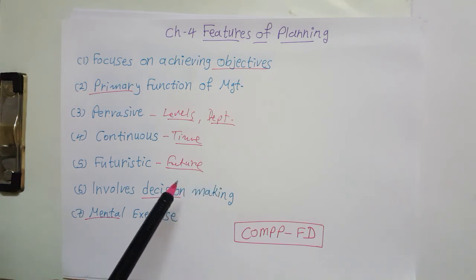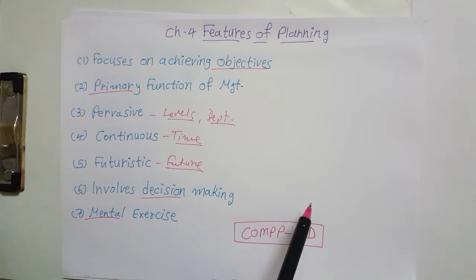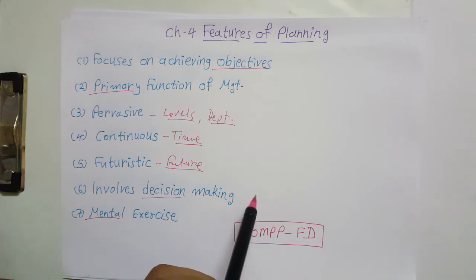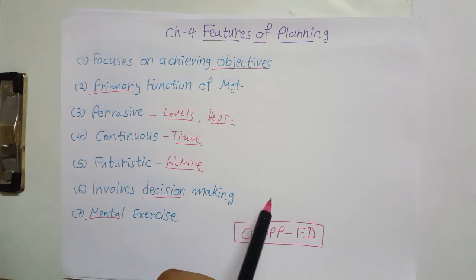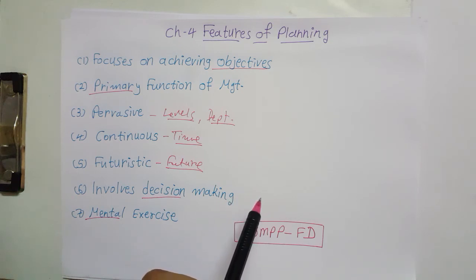Let's take an example. We have one plot of land, okay. In that one plot of land we have multiple choices. We can give it to some other person on rent. We can use it for our own production process. We can use it for other production also.